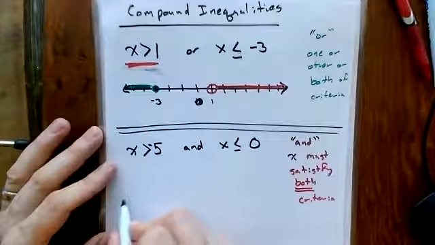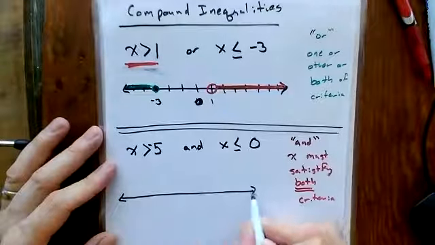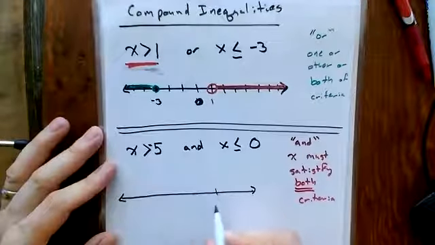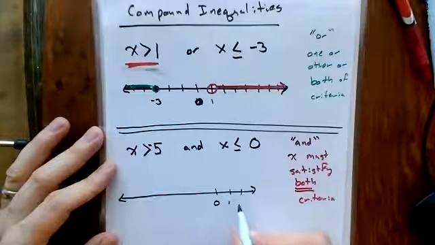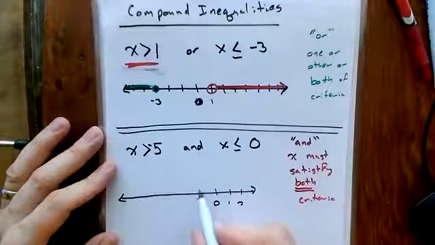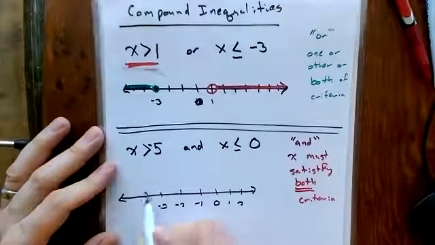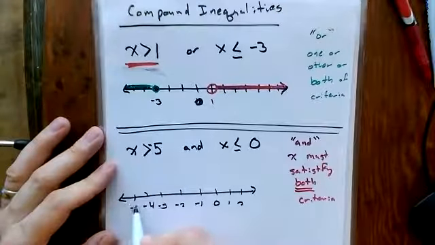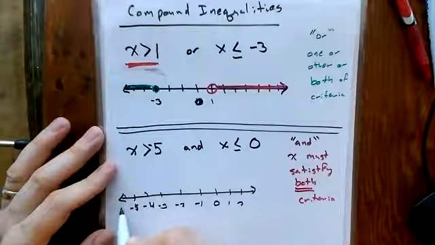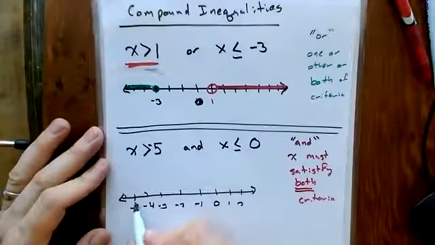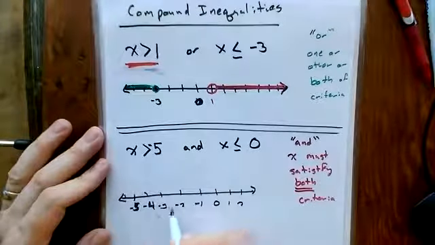So here, if I were to put together my number line, I'm going to put my 0 over here. So I've got 1, 2, and I've got -1, -2, -3, -4, -5, -6, so on. Oops, my numbers are getting scratchier.